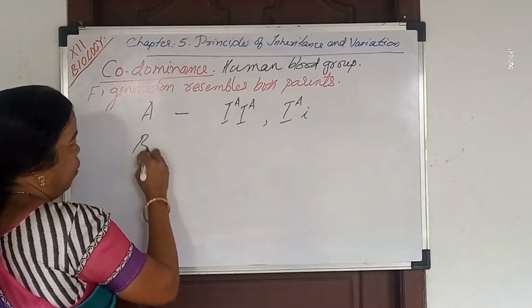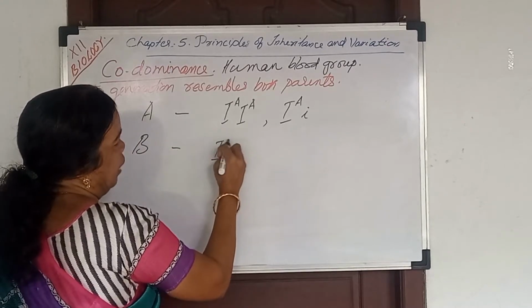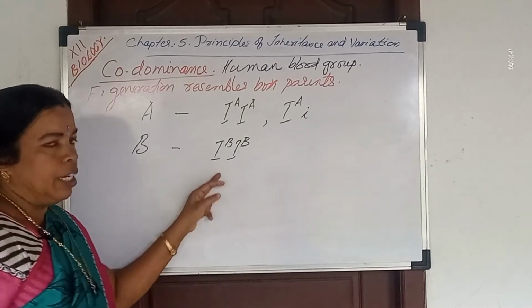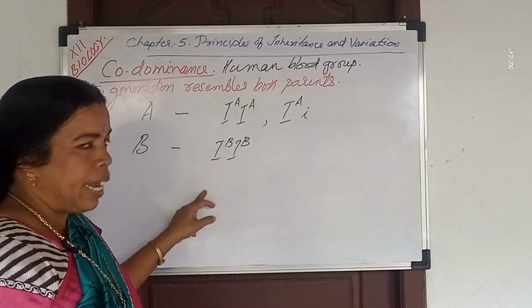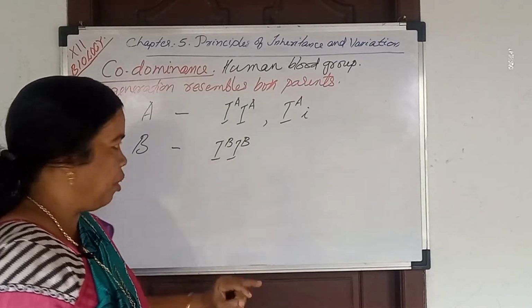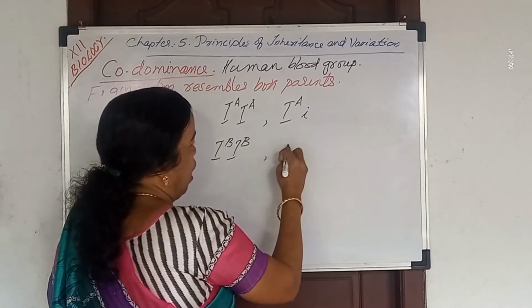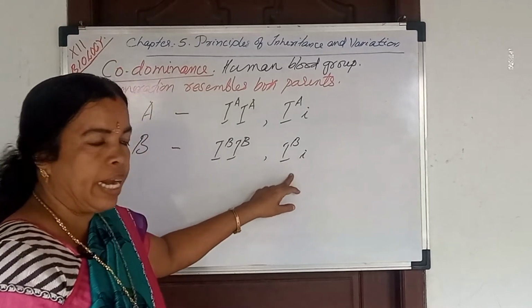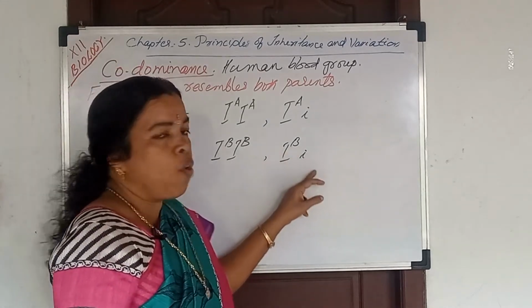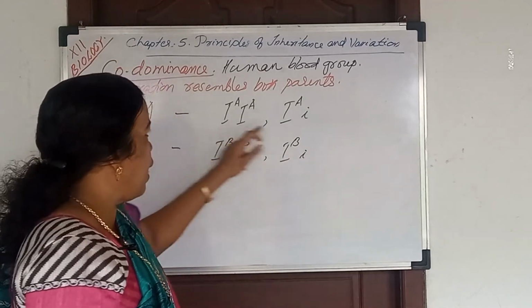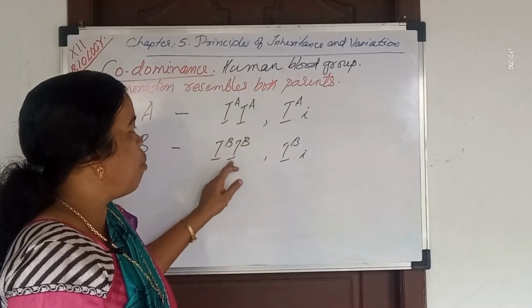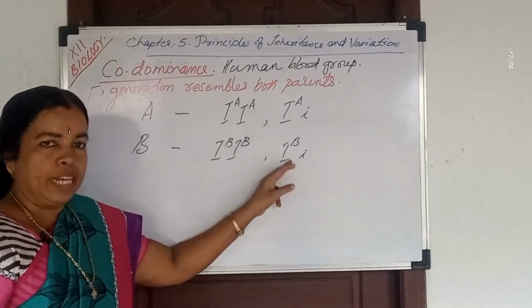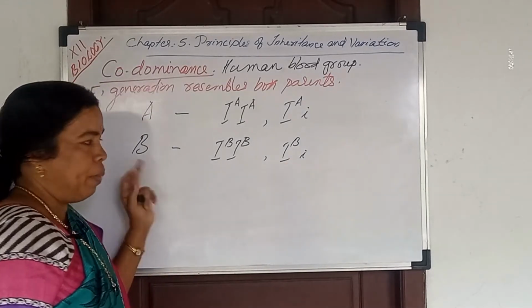Then B group, here IB, dominant alleles. So that is one genotype of B group person. Both the alleles they get from each parent. Then another one, IB and small i. Here also one dominant allele, IB. It is dominant over small i. All these alleles, that is IA and IB, are dominant over small i. So here also B expresses, so that group is B.